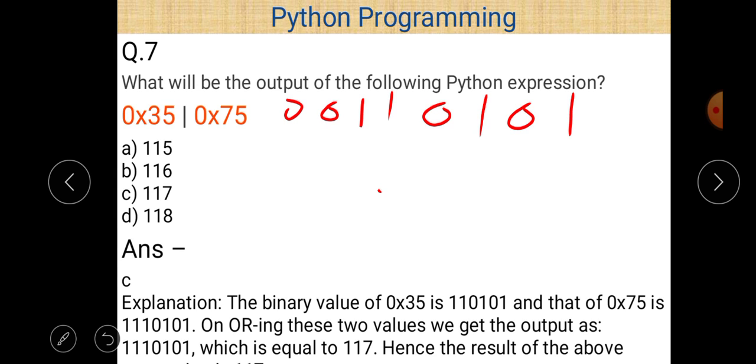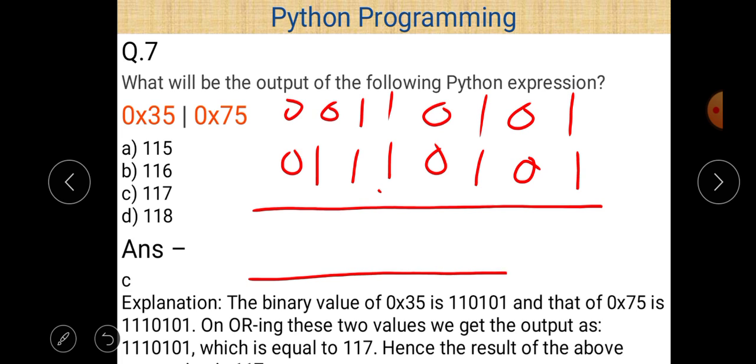This is the binary representation, and the binary representation of 75 is 1110101. Okay, now there is an OR operation between these two numbers.